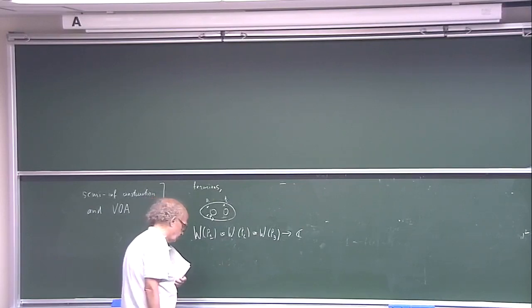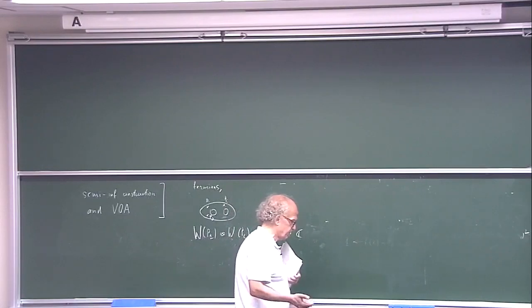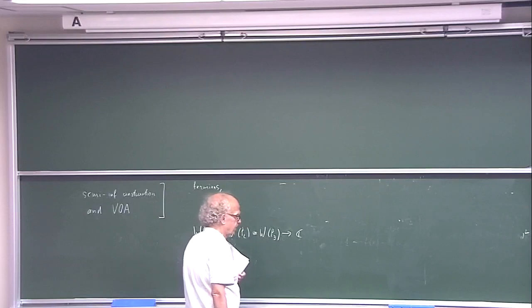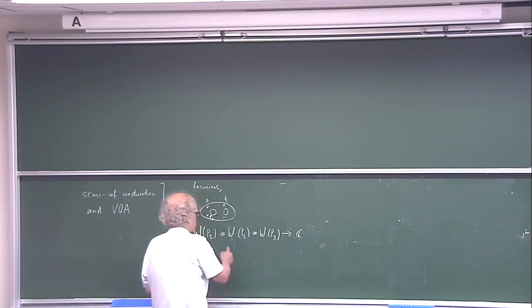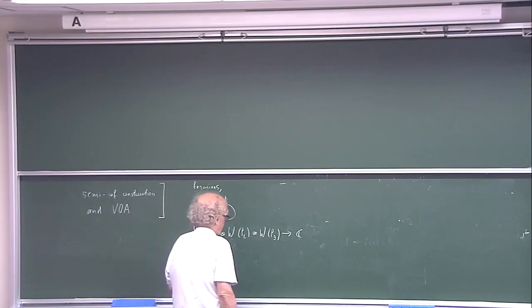It is possible to say that vertex operator algebra just generalizes this construction, but first of all, for a generic vertex operator algebra, such kind of thing does not live for any genus.